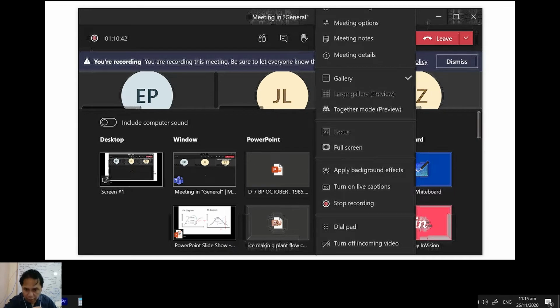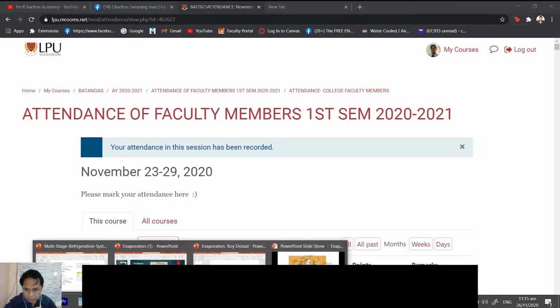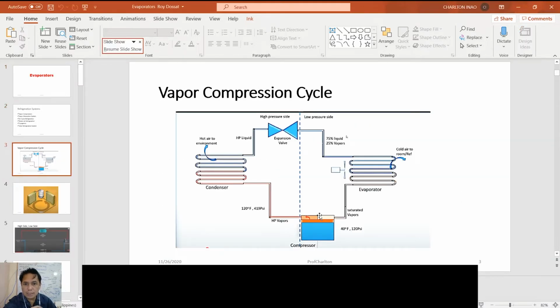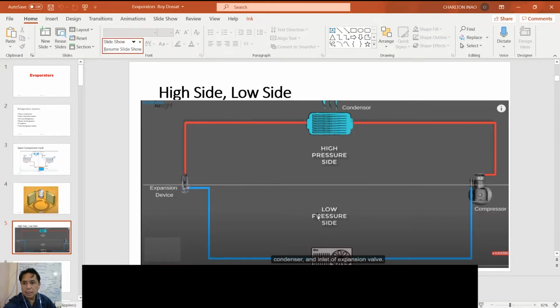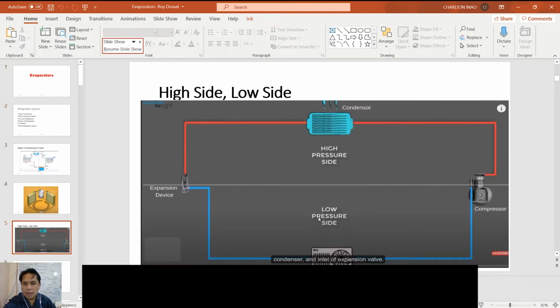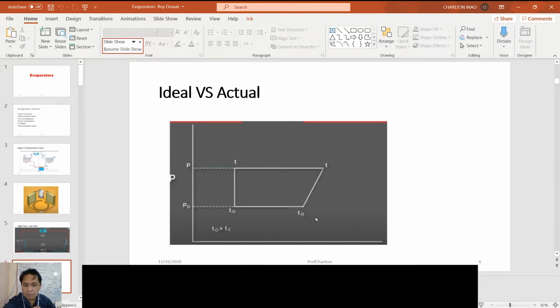Now we continue our topic, and actually our topic is this, right? So we already know this, and then the high pressure side and the low pressure side we already know now. Then the ideal versus actual is here, right? So ideal is this.